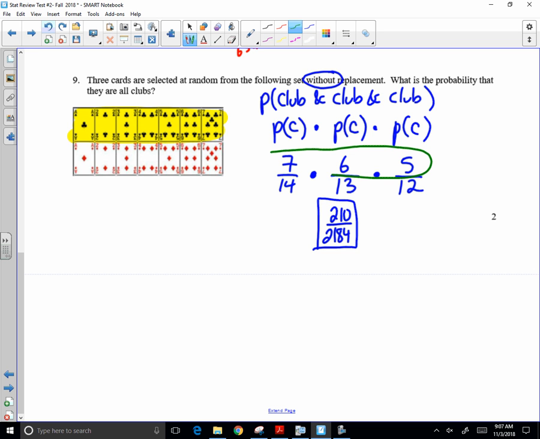Like my hand tripped somehow. It starts off at 7, and it goes 3 spaces, kind of like a factorial. So the 7 times 6 times 5 would be the same as 7p3. The 14, 13, 12 is kind of like a factorial. If it could go all the way down to 1, then it would be 14 factorial, but it's only allowed to go 3 spaces. So if it's only allowed to go 3 spaces, then it would be a permutation.